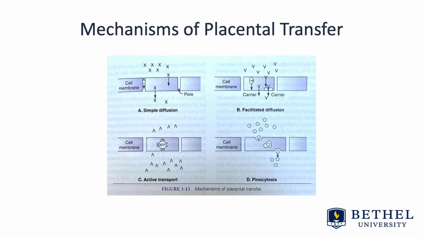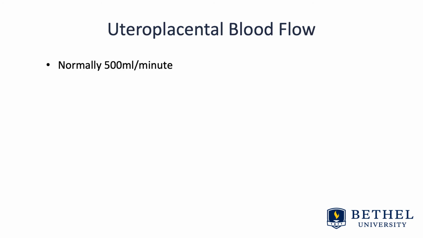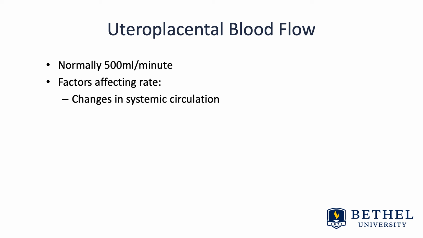So uteroplacental blood flow, that's typically going to be about 500 mils a minute once we've got a developed placenta. Factors that can affect that rate: changes in systemic circulation. So if mom, for whatever reason, has lost a lot of blood, then that's less blood that's being able to go to the placenta to nourish baby.